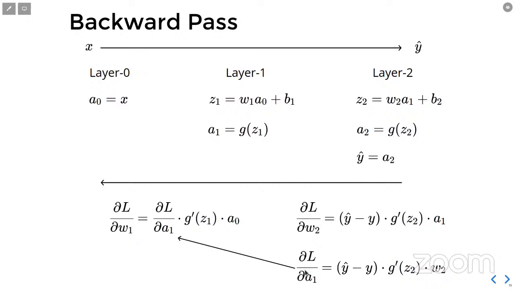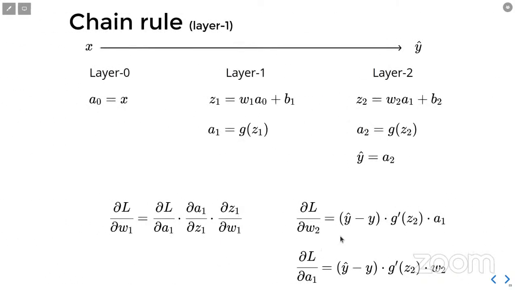How did we get W2 out here? That's because instead of W1, it's A1, right? It's dou L by dou A1. Dou L by dou A1 is dou L by dou A2 into dou A2 by dou A1.